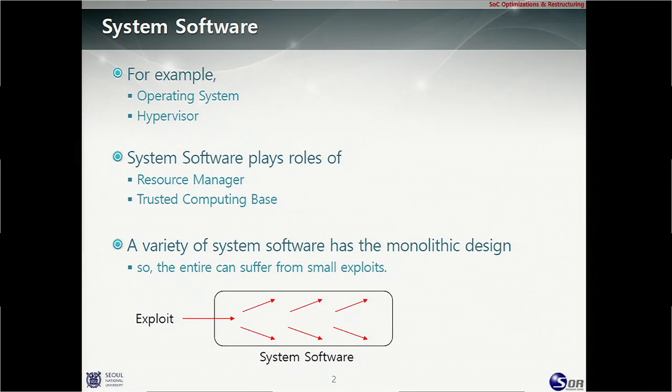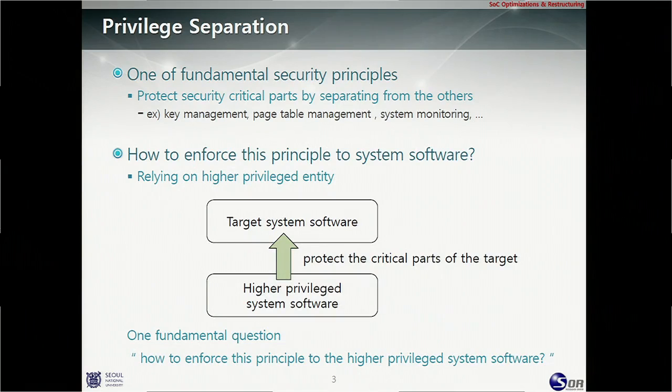However, many system software products adopt a monolithic design that places all subcomponents in one huge execution environment that has the same privilege level and address space. This is considered to be for performance and ease of development, but results in less resistance to exploits.